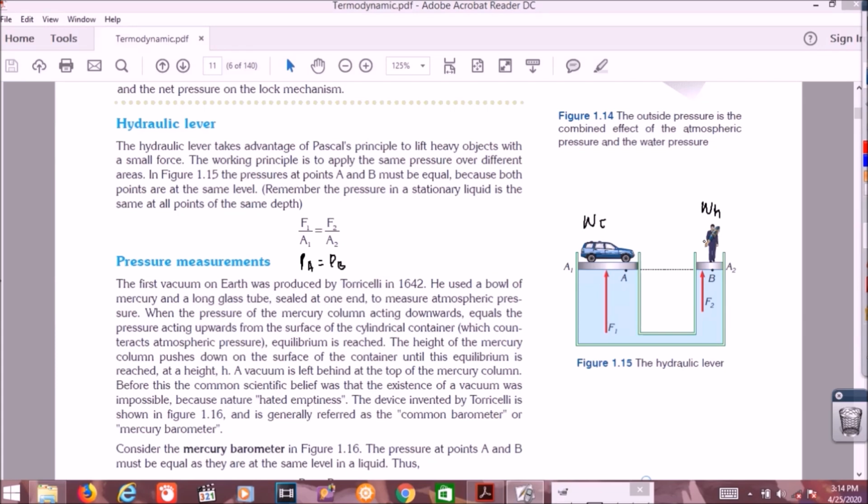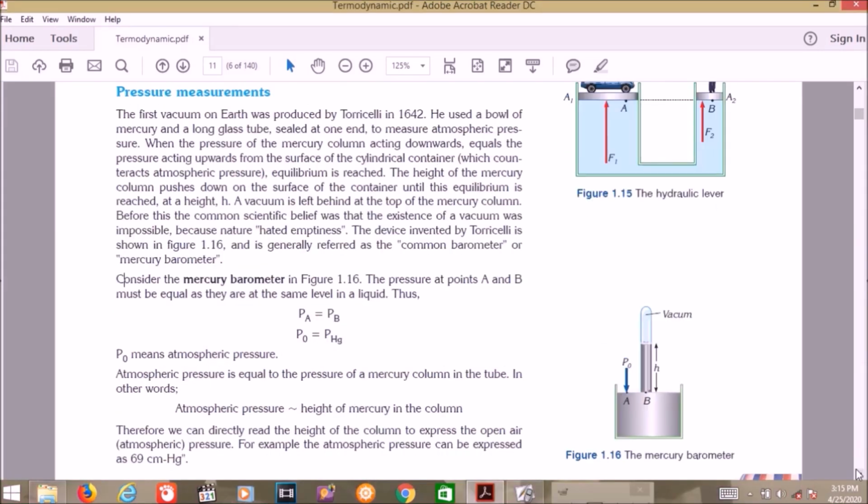There is fluid inside. The faucet you have seen is very small. So to raise the car only needs a very small force, because the area of the faucet is very small. The area of the cylinder that lifts the car is big, but the area of the faucet is small.